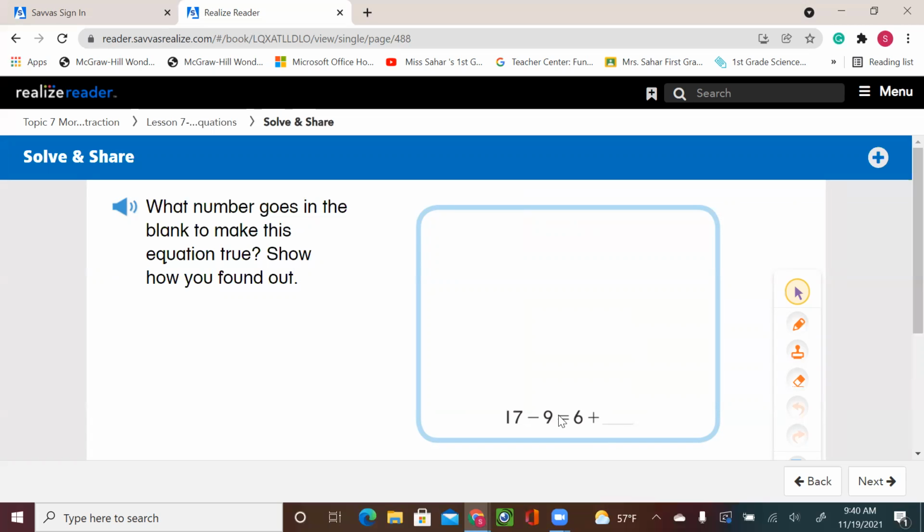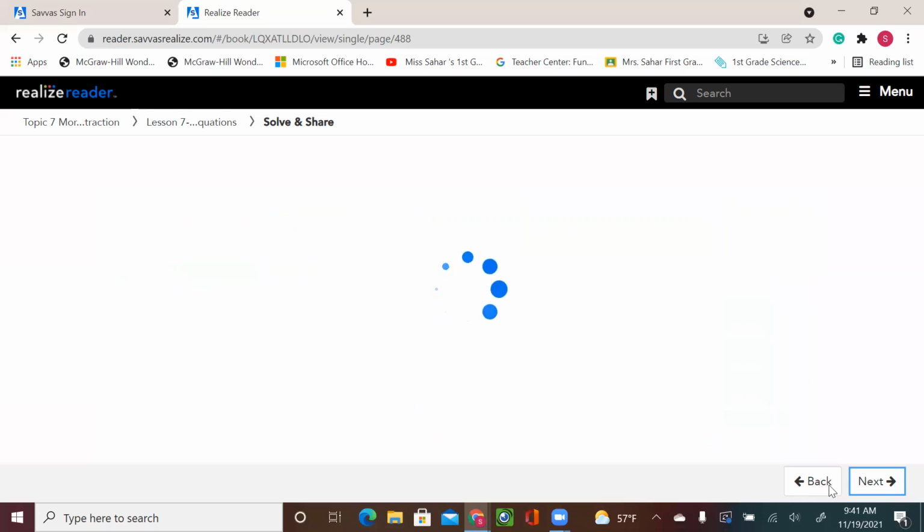So that's why I will say that what's on the left side equals what I have on the right side. So in order to get the right answer, all I need to know is the difference 17 minus 9. I need to know how many I have on the left side. And then I'll try to find out how many I need to add to the 6 to make the same value. So let's watch the video and come back to this question.